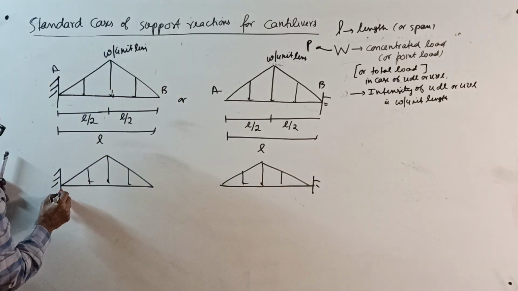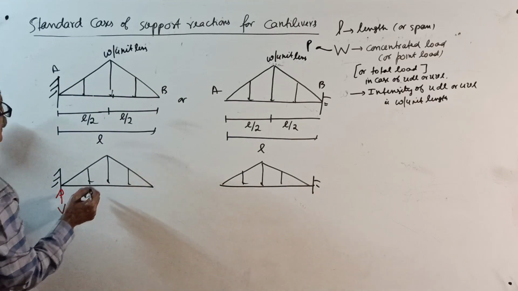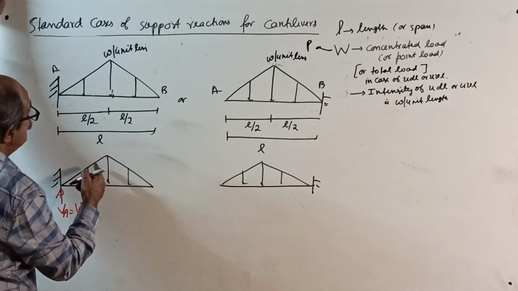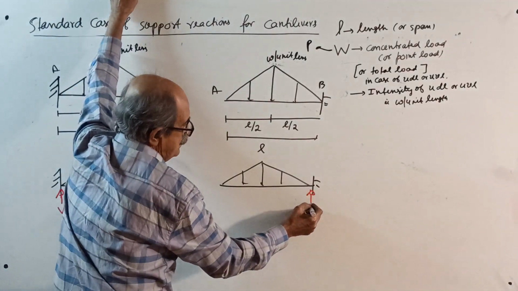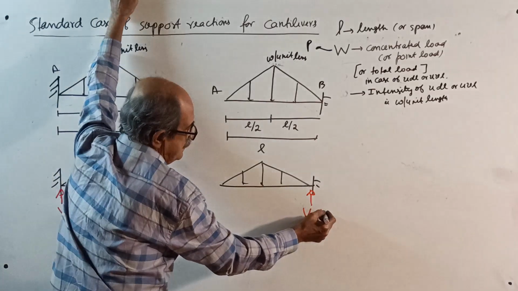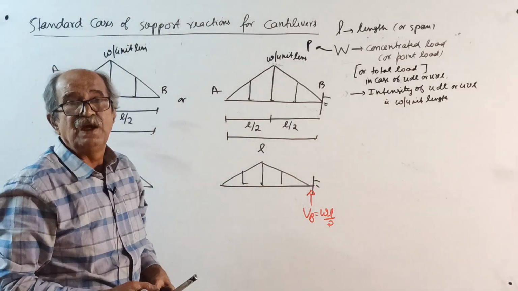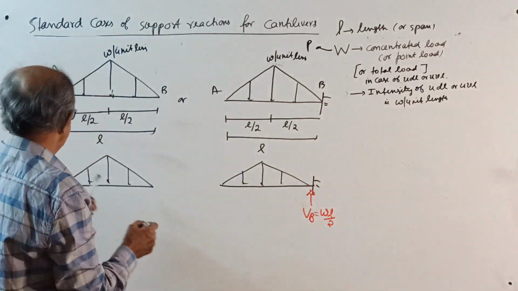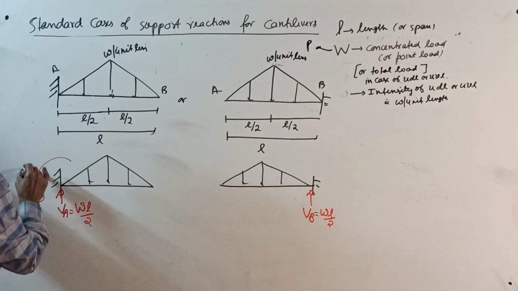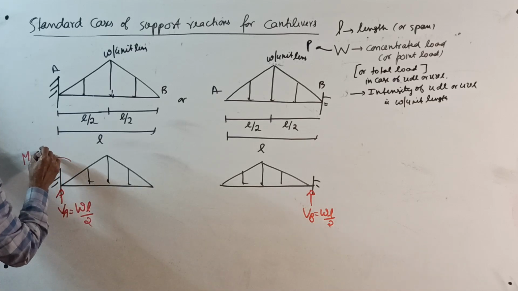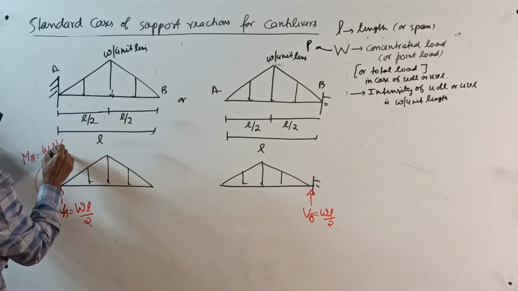Your VA will be W into L by 2. VB also here W into L by 2. See, earlier it was WL by 2, there also WL by 2. But the moment will change. The reacting moment MA here will be WL square by 4.